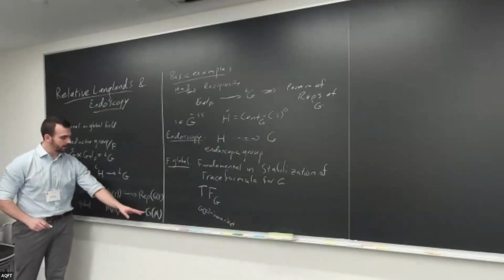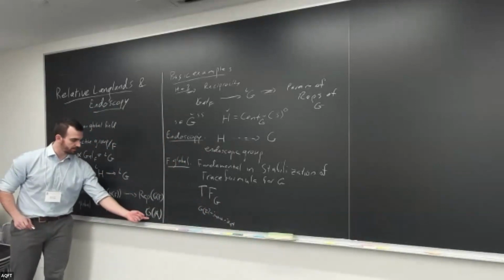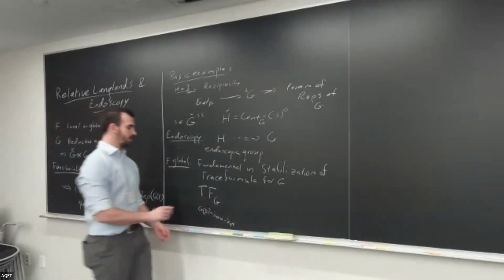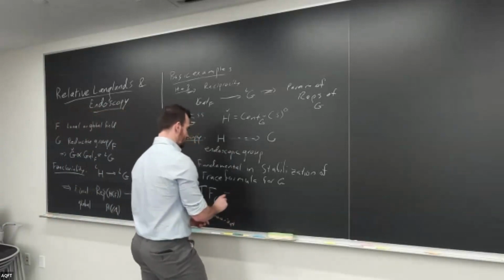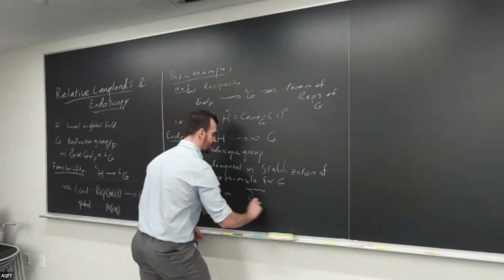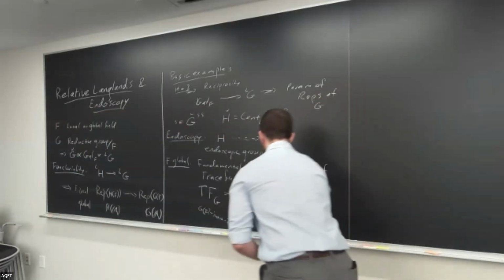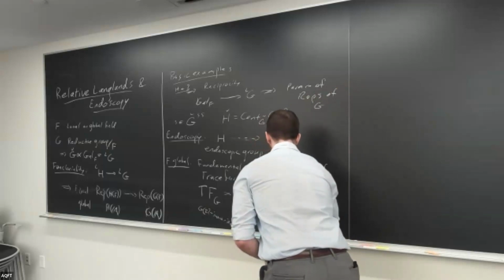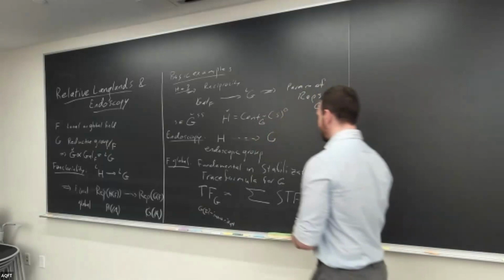What is required to relate automorphic representations of H to representations of G are so-called geometrically invariant objects. And so what the stabilization does is it expresses the trace formula as a sum of things called stable trace formulas. What they are is not really important.